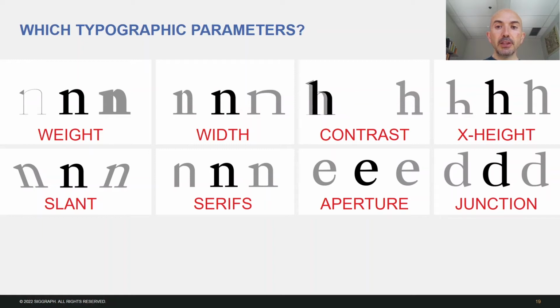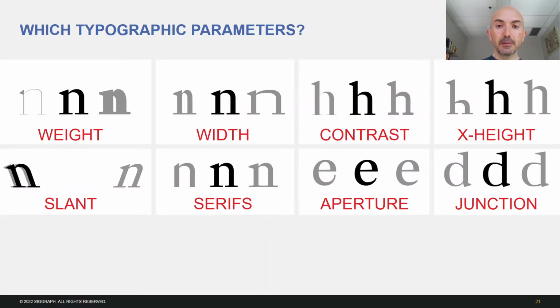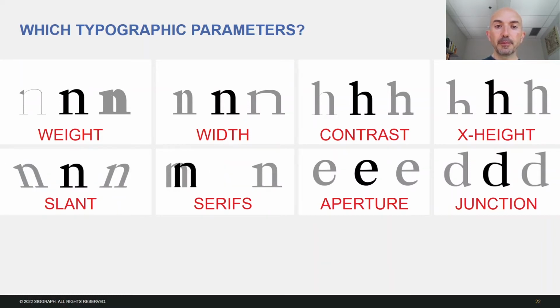Contrast is the ratio between the thin strokes and the thick strokes. X height has to do with the height of the mean line between the baseline and the ascenders. Slant doesn't need further explanation. Serifs we have discussed before.